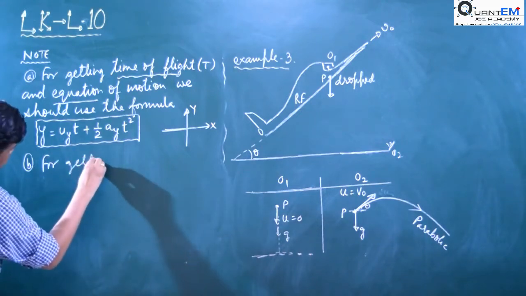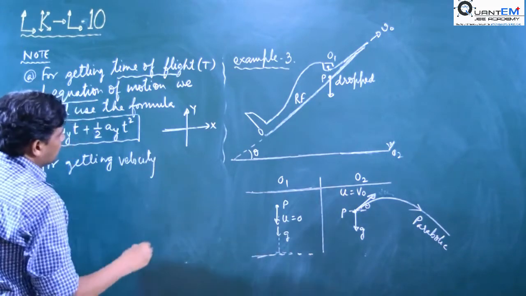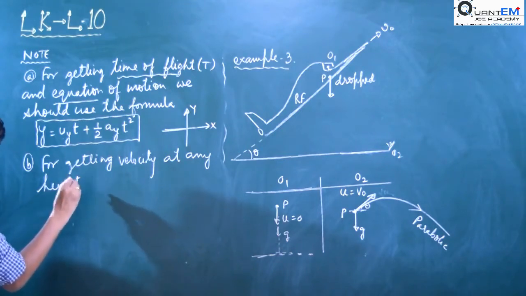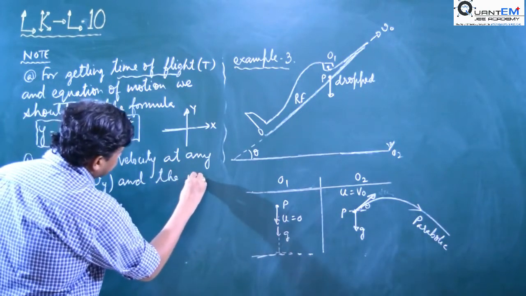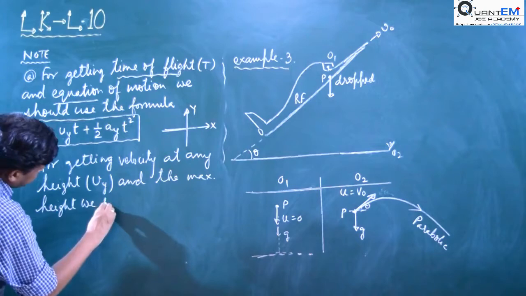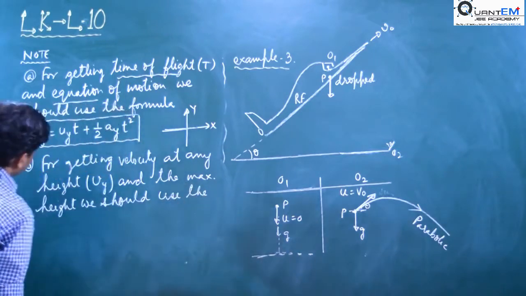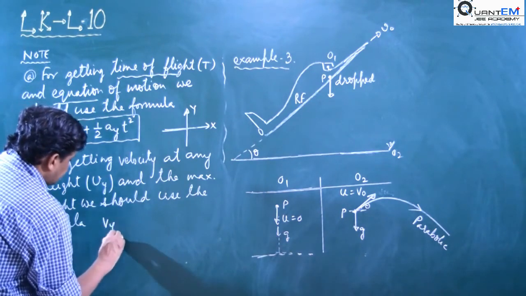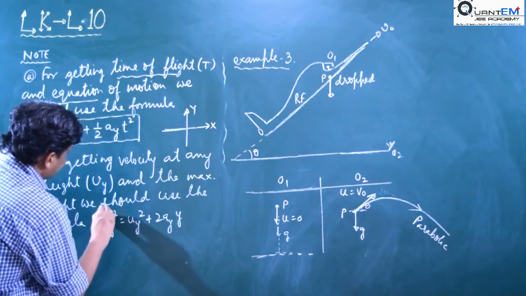Next, for getting the velocity at any height, that is suppose vy, and the maximum height, we should use the formula vy square equals uy square plus 2 times the acceleration along the y coordinate times the displacement along the y coordinate.